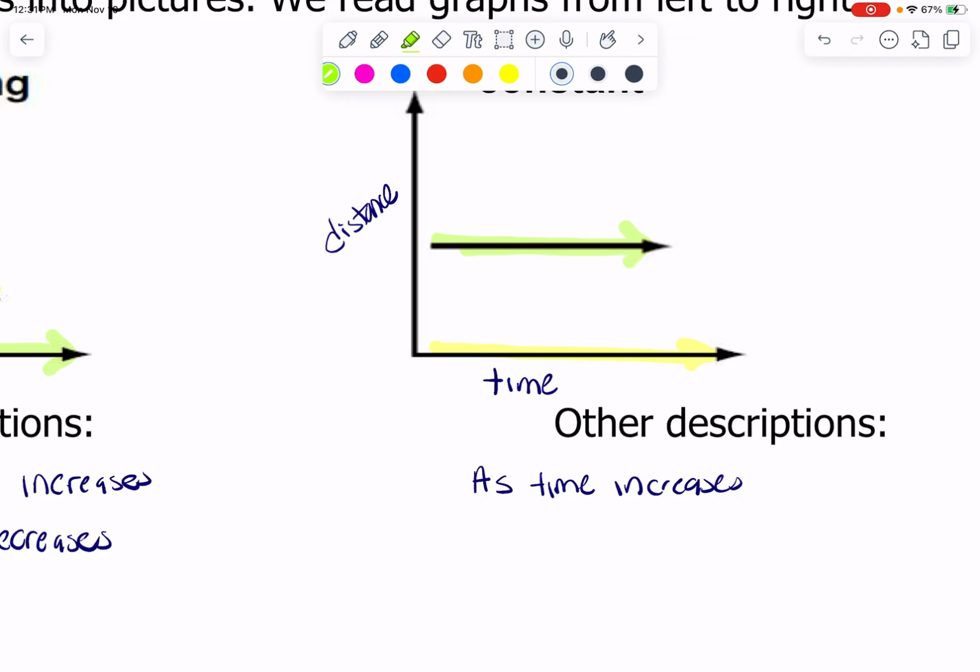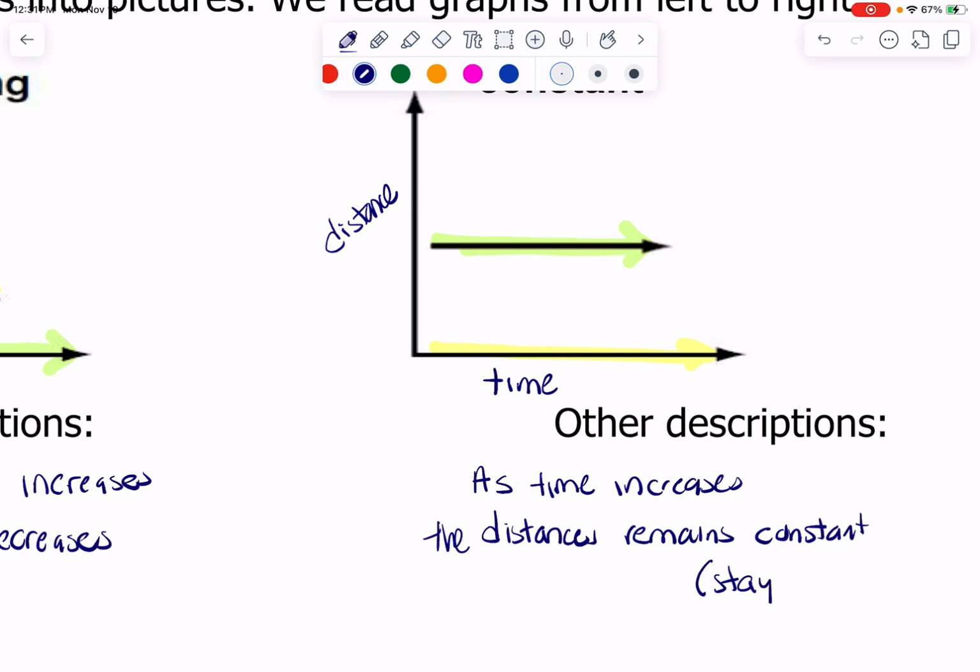Is the distance going up? Is the distance going down, or is it staying the same? That's right, the distance is staying the same. So I'm going to say the distance remains constant. Constant is just a fancy word for stays the same.